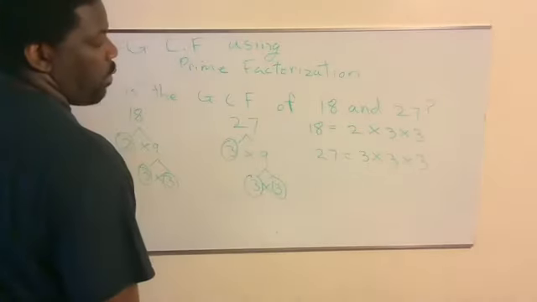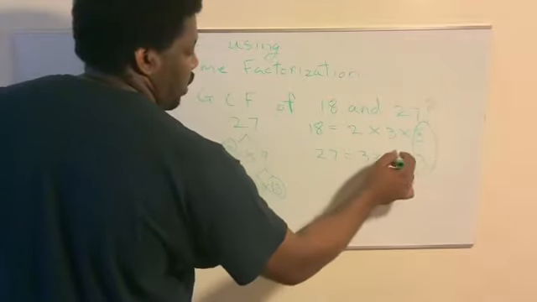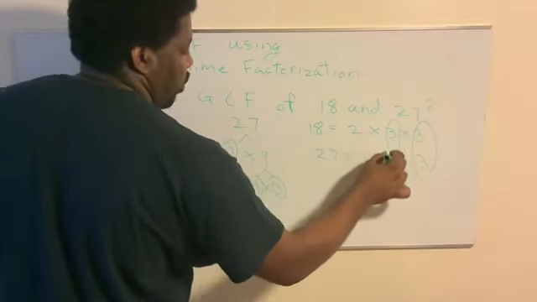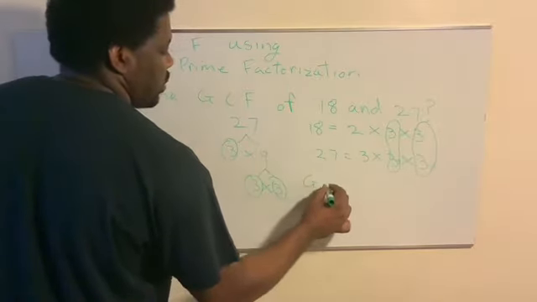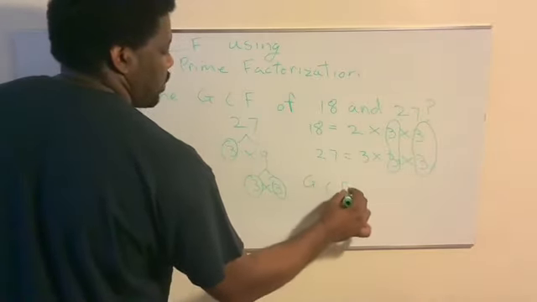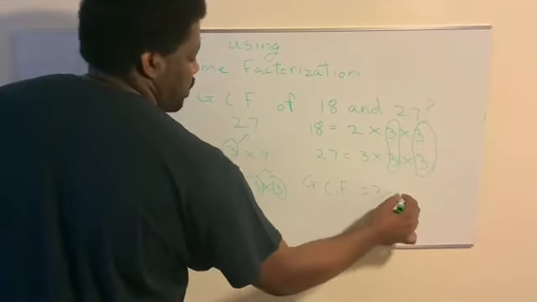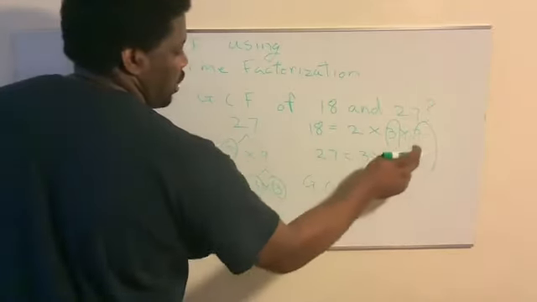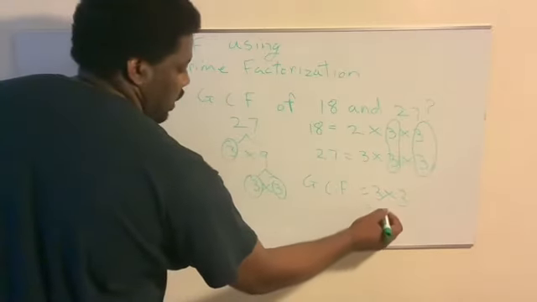Now I look at the shared prime factors. They share one group of 3 and the second group of 3. So my GCF is equal to 3 times 3 because they share two 3s, which is equal to 9.